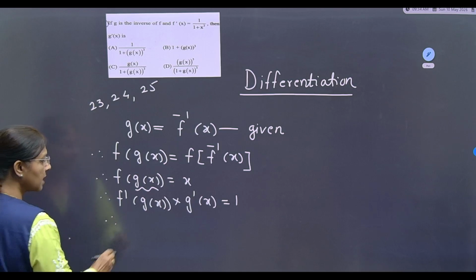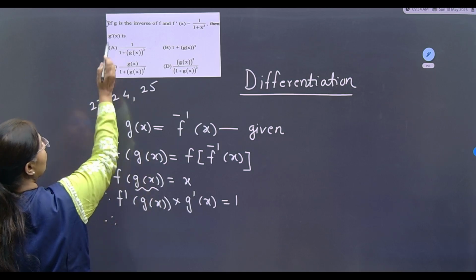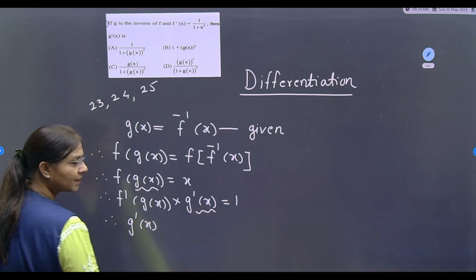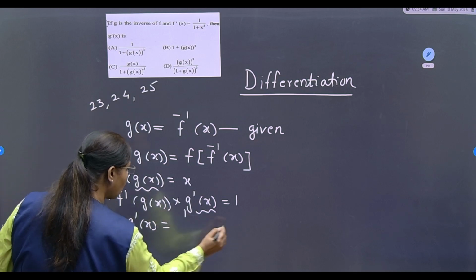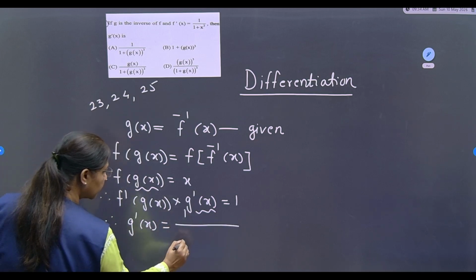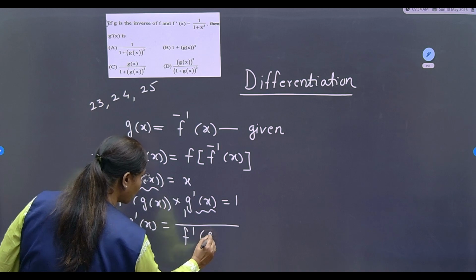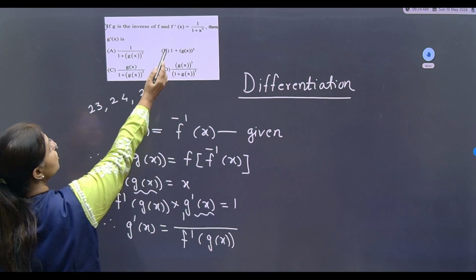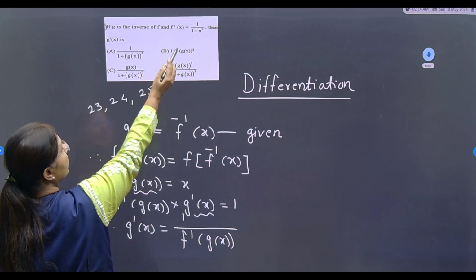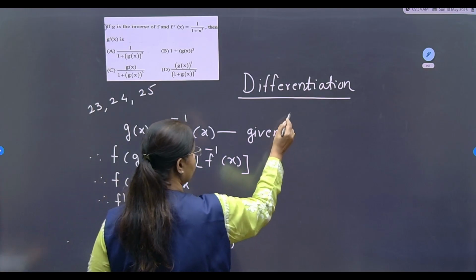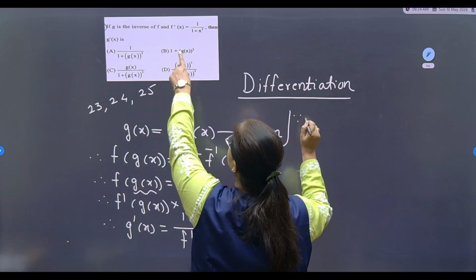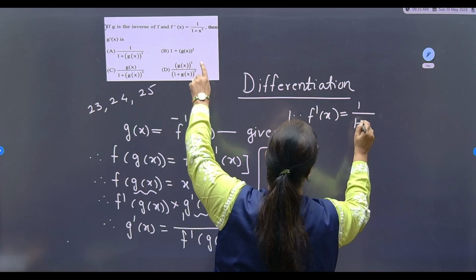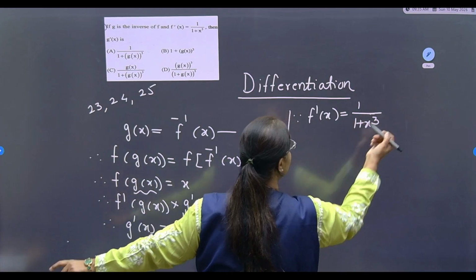Then next step is, question, find g dash of x. In the left side, here g dash of x as it is equals 1 upon f dash of g of x, since the term goes to the right. But given thing, since f dash of x is equal to 1 upon 1 plus x cube, this is given thing.